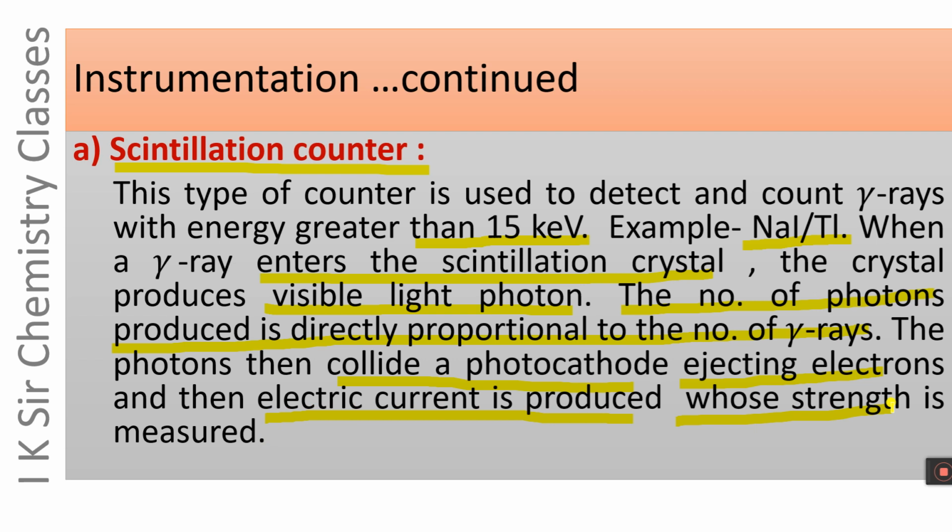The strength of the electric current is directly proportional to the number of photoelectrons, and the number of photoelectrons is directly proportional to the number of gamma rays. Thus, we become able to count the gamma rays entering the detector.